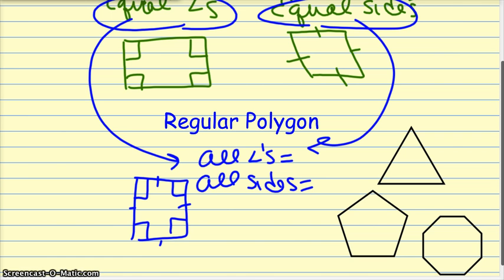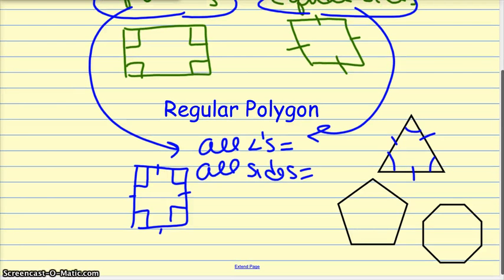In regards to a triangle, we have an equilateral, equiangular, regular triangle. And most of the times when we draw pentagons, hexagons, octagons, think of a stop sign, they are regular, that they have all sides the same and all angles the same.